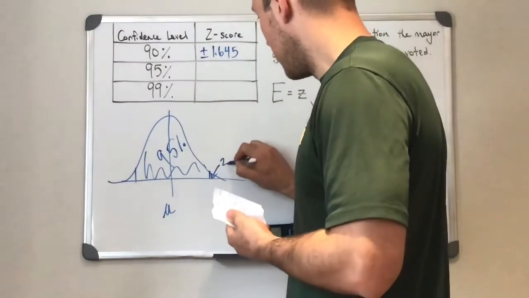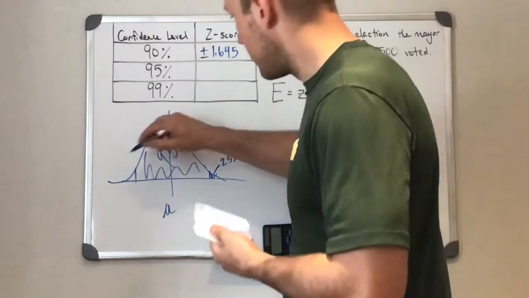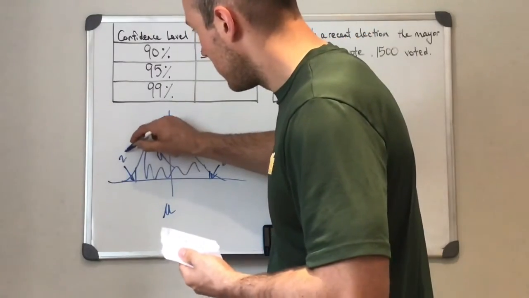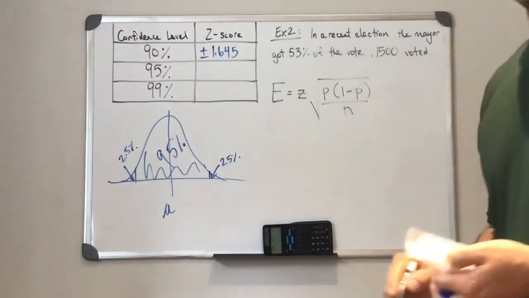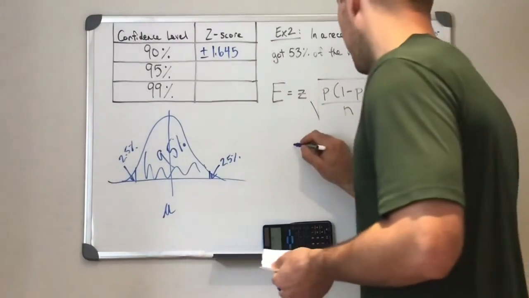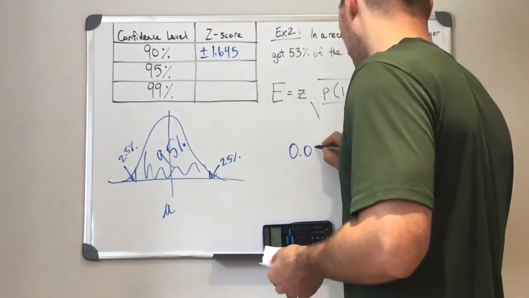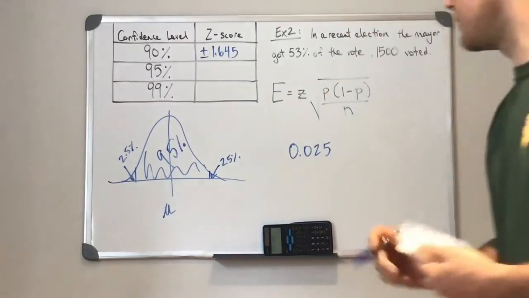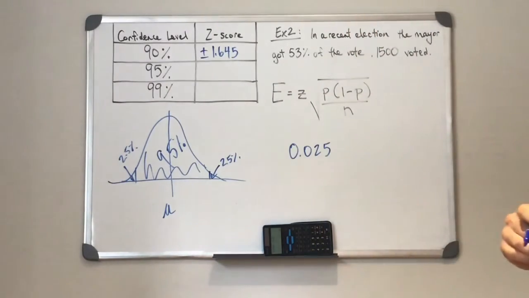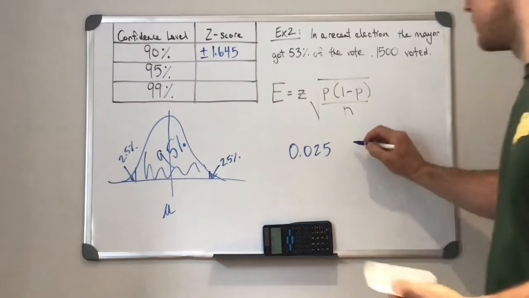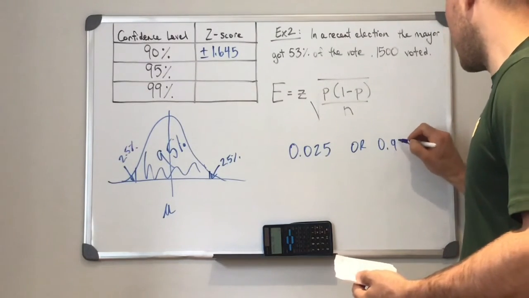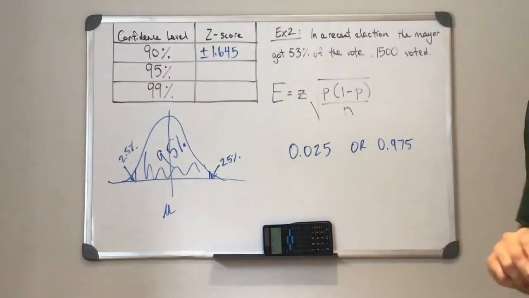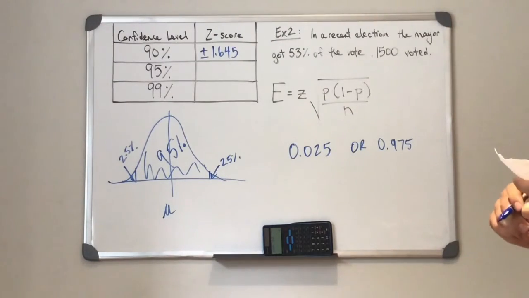There's going to be 2.5% here, 2.5% here. So if we look in our table for the closest value to 0.025 or 0.975, we can actually find an exact value for this one.